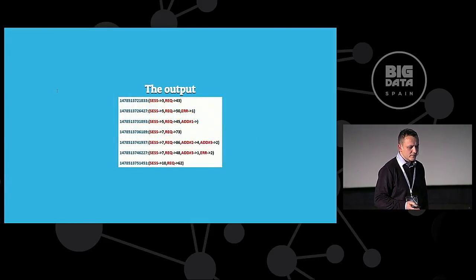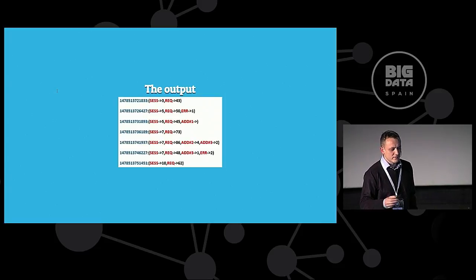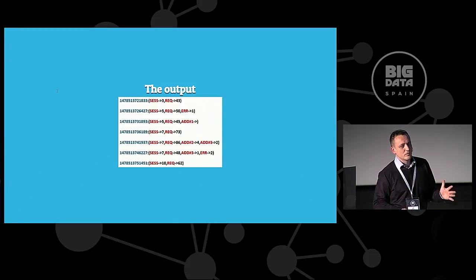And the output is the blue part, the timestamp in milliseconds since the epoch time. And there's a serialized map shown as a string, which shows the number of sessions, number of requests, current requests per second, number of errors per second, and some ads shown on the website. If someone clicked on an ad, it counts those too.